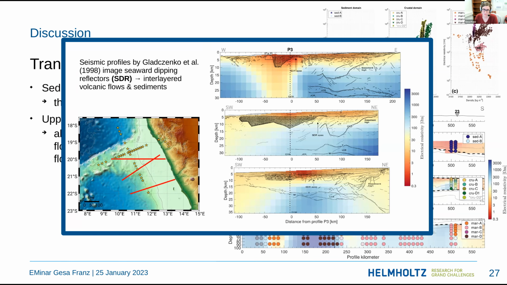They are interpreted to be massive packages of interlayered volcanic flows and sediments. And as you can see on this right-hand image, they coincide nicely with our conductors. So we think that these interlayered packages actually contribute to our upper crust layer conductors.